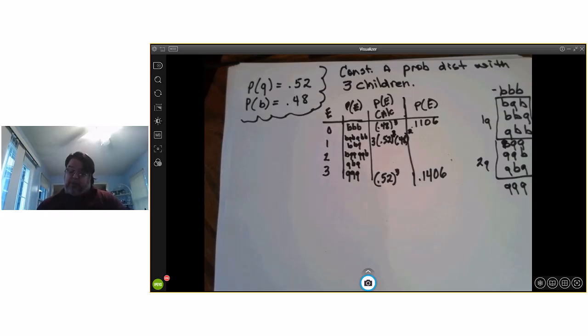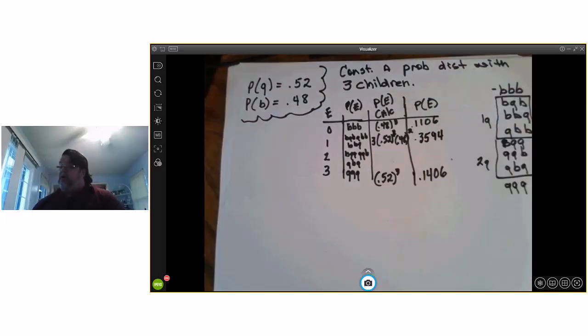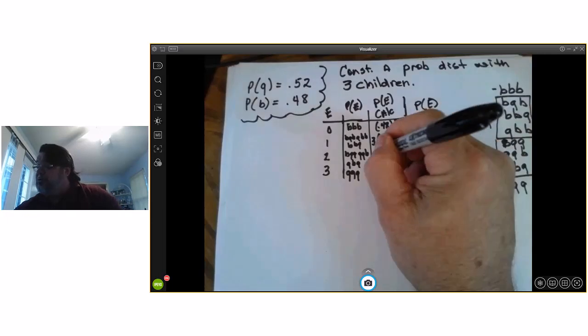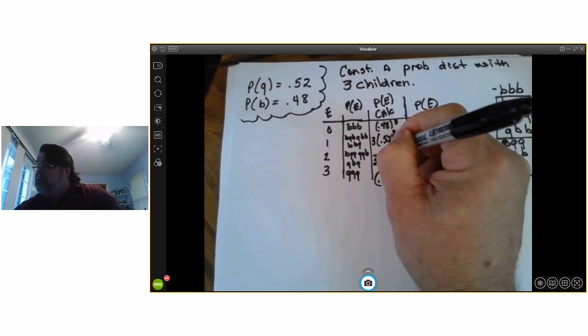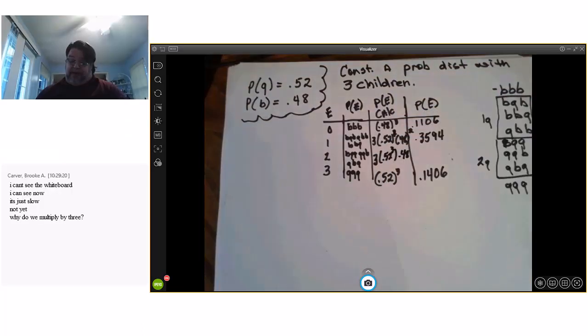I got 0.3594. And then the third one has got 2 girls, so that's going to be 3 times 0.52 to the second power times 0.48. 0.3894.